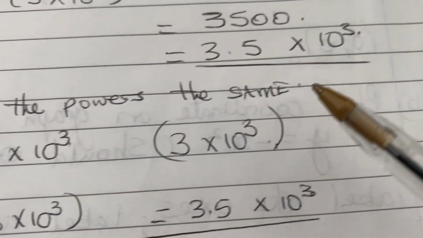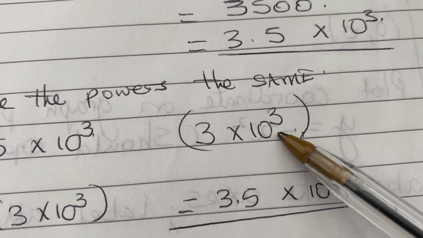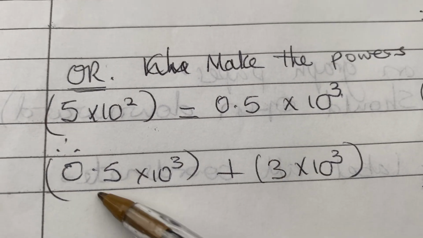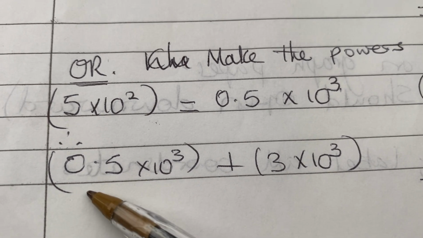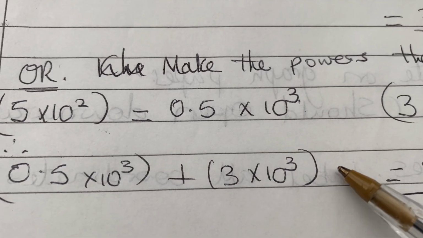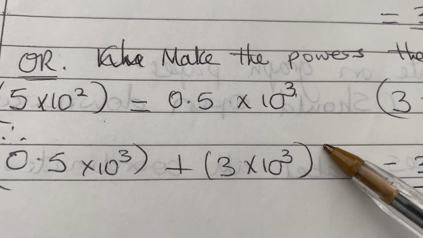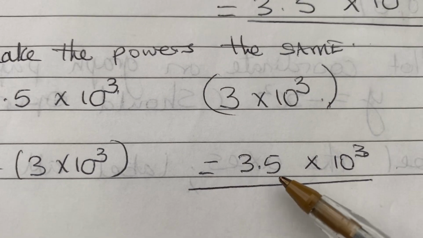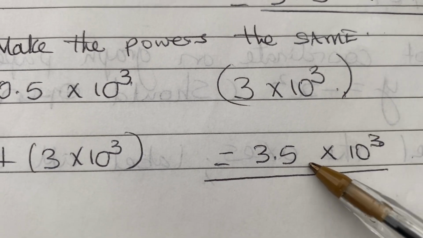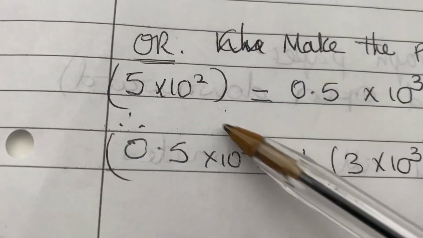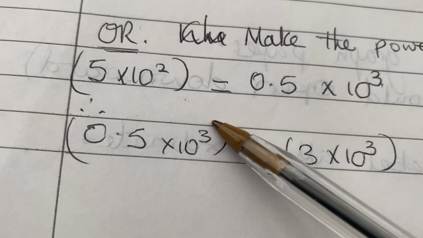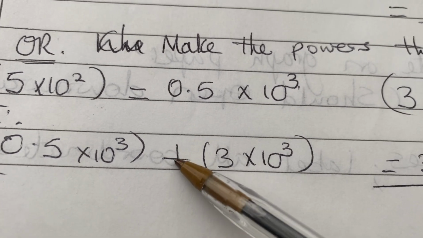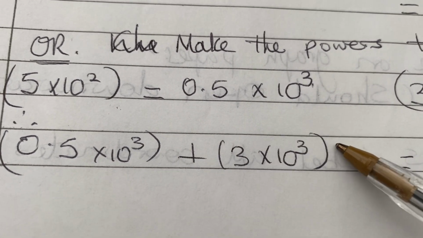Now, this is already 3.0 times 10 to the power 3. So now I can add the whole numbers part. And because I have 10 to the power 3, I keep that the same. So 0.5 plus 3 will give me 3.5 times 10 to the power 3, because there's a 10 to the power 3 here, and this is 10 to the power 3. We are adding, so we don't add the powers.